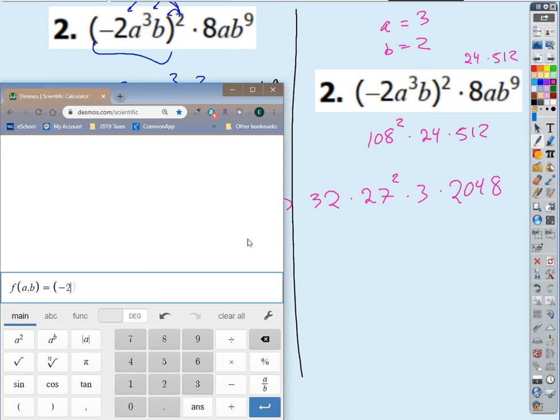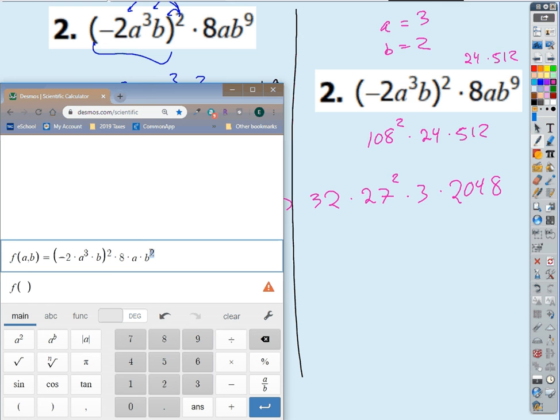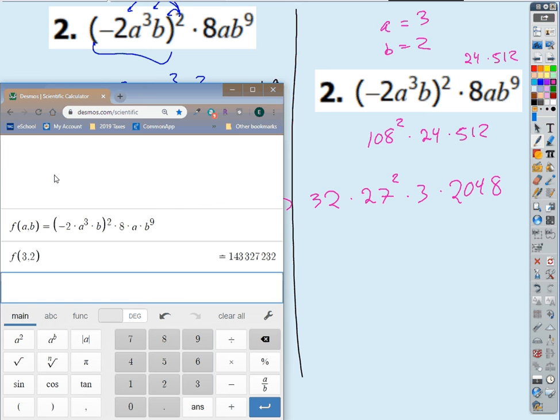And then we just put it in the equation. Okay, and then I could just come down here and go f of, what do I pick, 3 and 2? Oh, it's second-ninth, whoops. Big number, right? But then I could just come down here and take my answer.